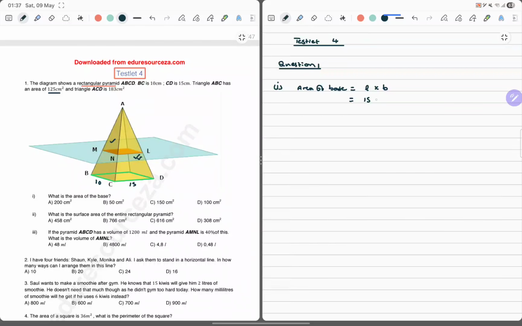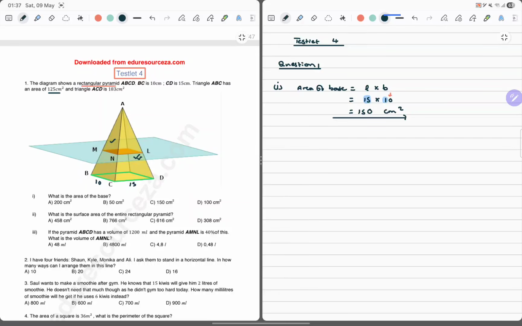Remember, the length is the longest side times the breadth, which is the shorter side, 10. Now folks, here you don't need long multiplication to do this. You just multiply it there. So this is just 15, and then you bring in the 0 as it is. So this is going to be 150 centimeters squared.